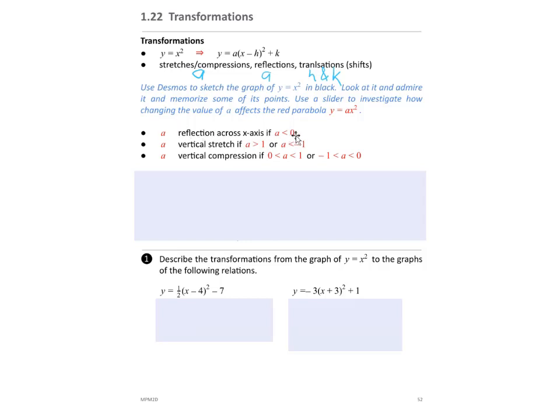It'll be a vertical stretch if a is greater than 1 or less than -1, and I'll demonstrate that as well. And vertical compression when a is between 0 and 1 or between -1 and 0. So I'm going to tab over and we'll take a look.